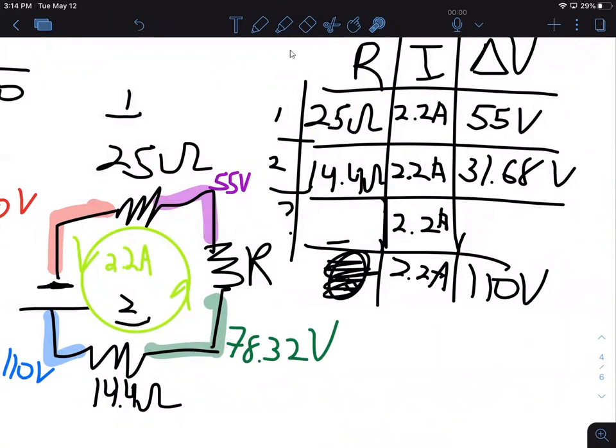So that's a change of 78.32 minus 55. 23.32. 23.32 volts. All right, I know the volts, I know the amps. 23.32 divided by 2.2 amps requires a resistance of 10.6 ohms.